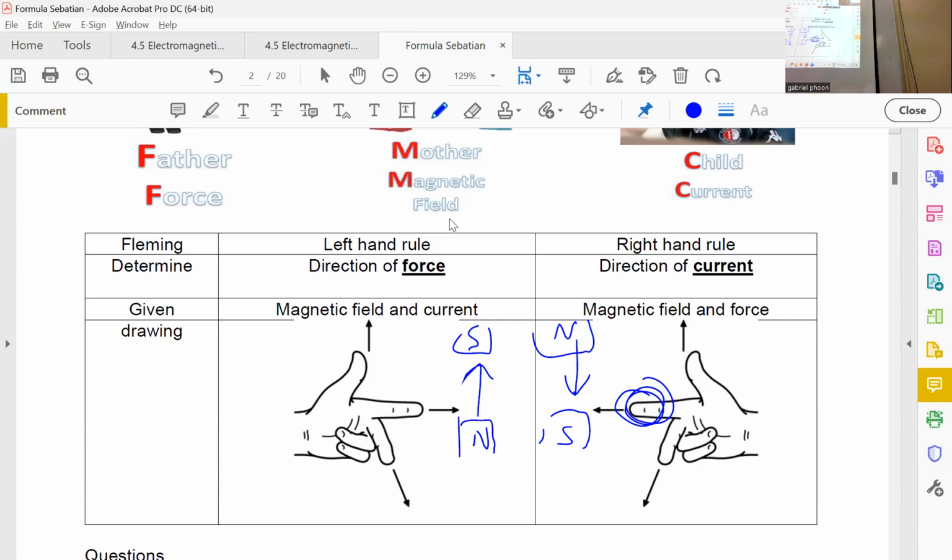You do like this, right? Right. The thumb coming out of the paper. Right. So this is coming out of the paper. And the point was starting to, right.